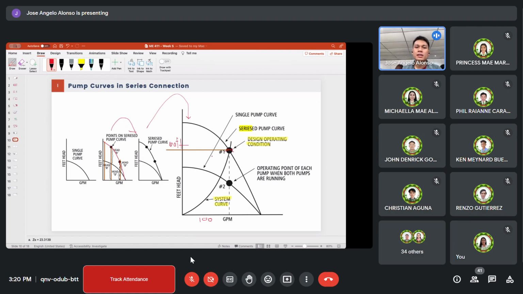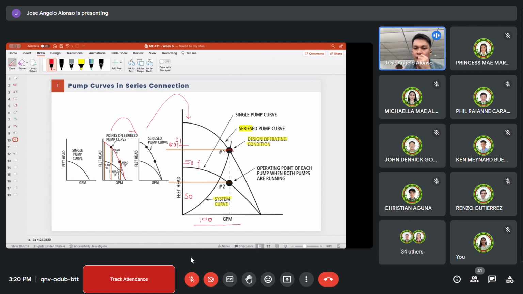Since both of them is in series connection, if pareho lang silang nag-ooperate at the same time, then both of them is producing 100 gallons per minute, or yung capacity nila is producing 100 gallons per minute. However, each of them is just producing 50 feet of total head.